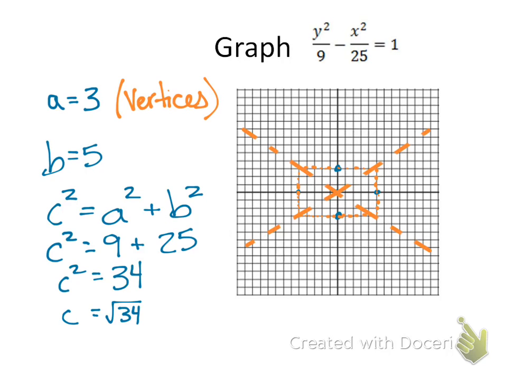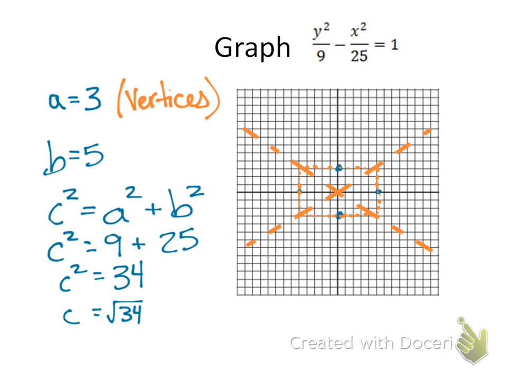That focus should be graphed a little bit below 6 on that y-axis. And why did I plot the foci on the y-axis? That first fraction tells you your main axis that you'll be concentrating on. So the foci and the vertices are both on the y-axis. I can create my hyperbola going towards those asymptotes.